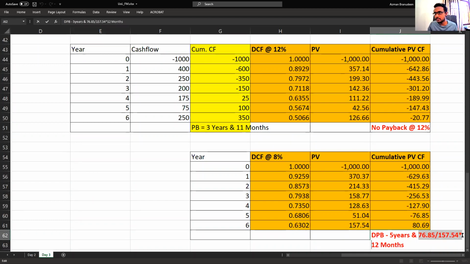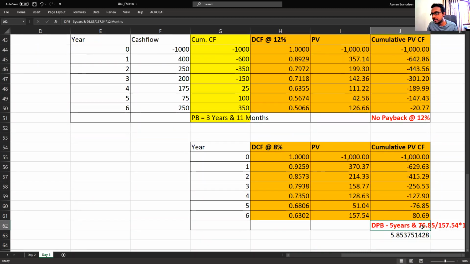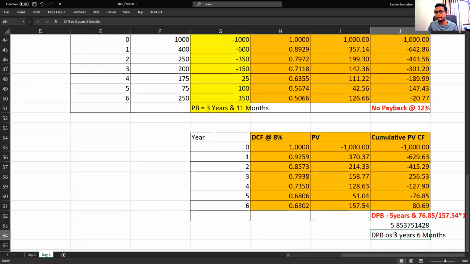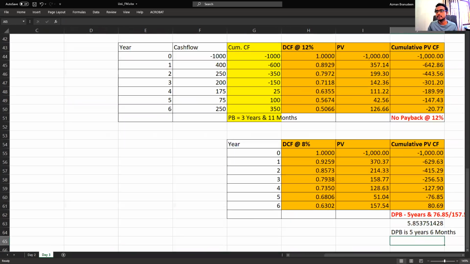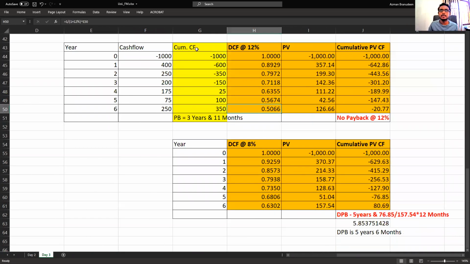So this one, if I get this 5.85, therefore the discounted payback is 5 years, 6 months. Correct. So this is how you look or get the payback. This is how you get the discounted payback, the cumulative present value approach.